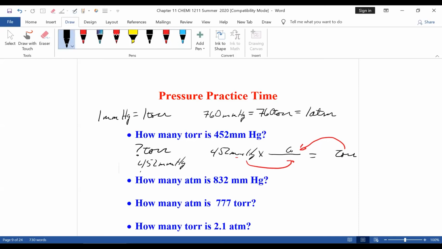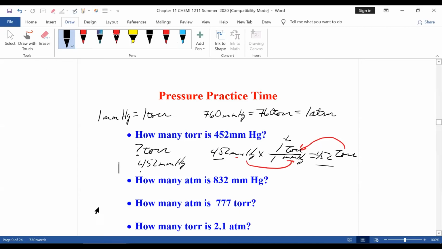This is torr. This is millimeters of mercury. And this is 1, this is 1. So the answer is, in this case, 452. Don't forget, these are exact numbers, 3 significant, 3.